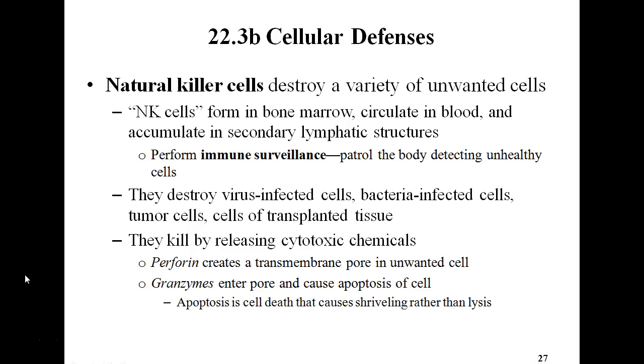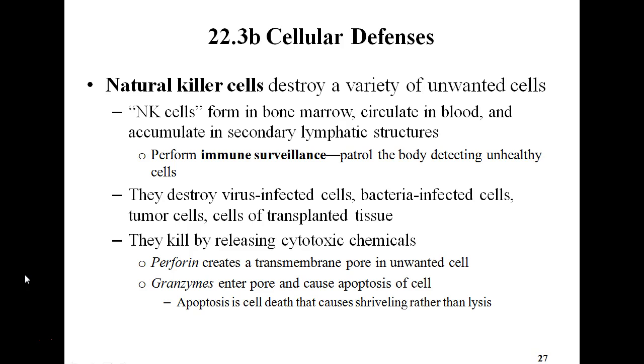It's interesting, their name is sort of unique. These natural killer cells patrol the body, just like a police officer might patrol the streets of Anchorage or wherever. These natural killer cells patrol the body for unhealthy cells. We might also call this immune surveillance, so to speak.